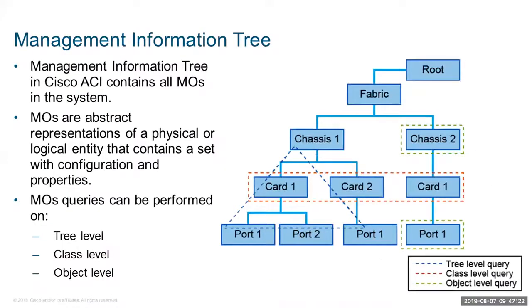Okay. So this is the management information tree. Notice how everything, physical as well as logical, right? They haven't shown you logical like VLANs and VRFs and tenant names and so on. Every object has its own object name.